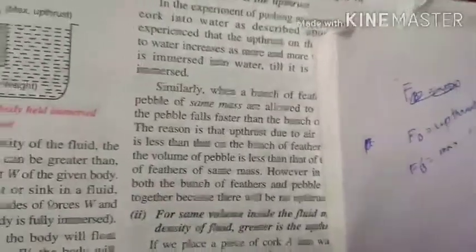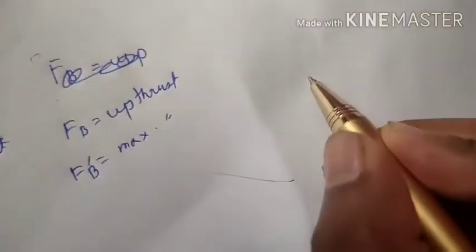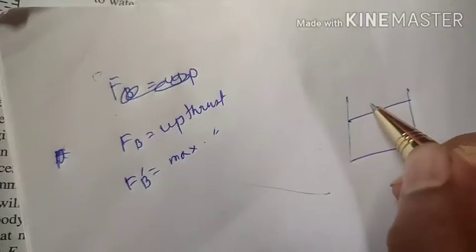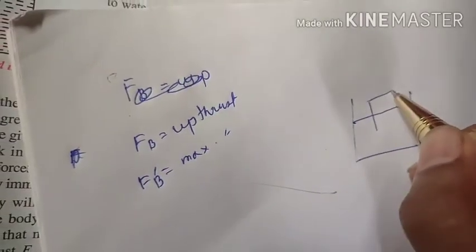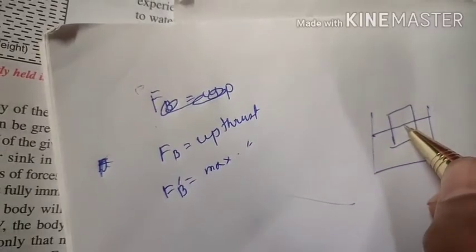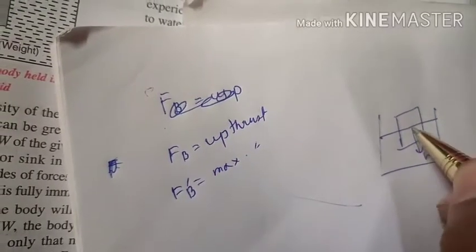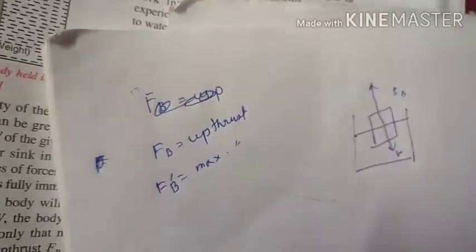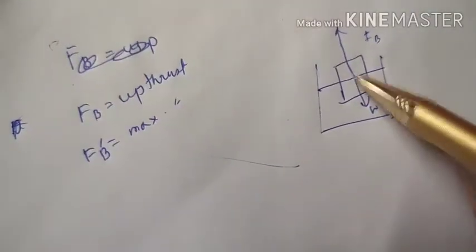Okay, so what does it mean? See, if I have a body that can float like this, here the weight is acting and here the upthrust is acting. This is upthrust, but not the maximum upthrust, because the body is not completely immersed.